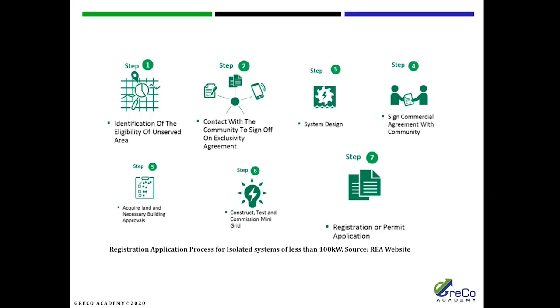Step 8 is where the developer now applies to NEC for an operating permit based on the tripartite contract document signed. And lastly, the developer constructs, tests, and commissions the mini-grid plant. This is a typical registration application for an interconnected mini-grid system, which is, of course, below 1 megawatt.